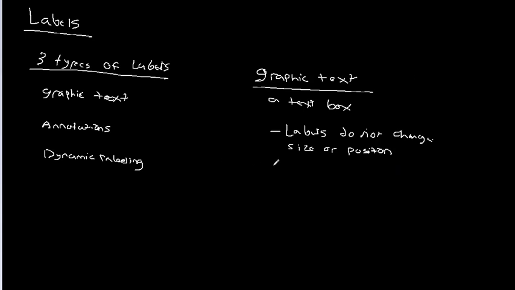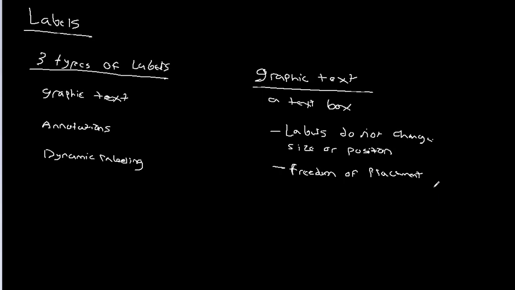The other thing that's critical here is you get a strong freedom of placement. This freedom of placement is going to make a lot more sense after I'm done talking about annotations and dynamic labeling. But basically, graphic text is one of the only options you have that can actually be placed outside of the map frame that the labels are referencing.